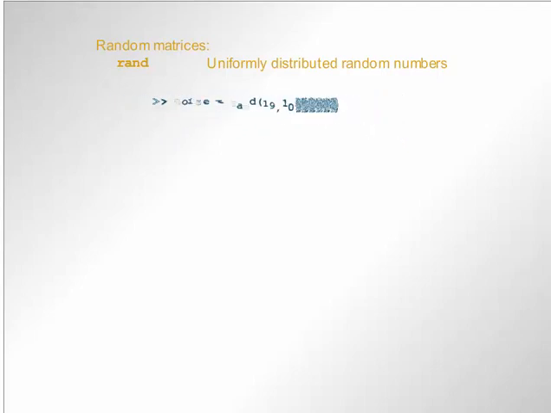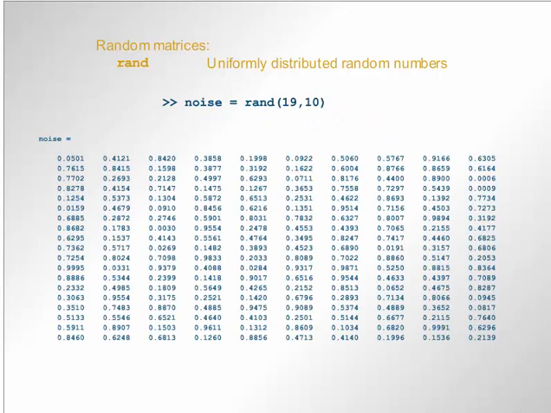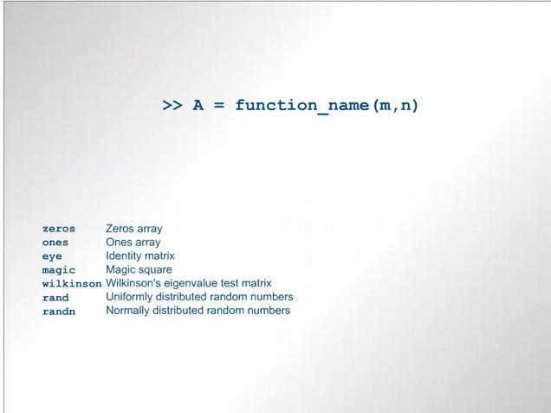The command noise equals rand of 19, 10 creates a matrix of 19 rows and 10 columns of uniformly distributed pseudo-random numbers. Other functions similar to the rand function will allow you to create variables with certain characteristics.